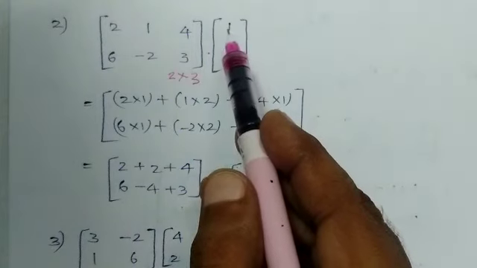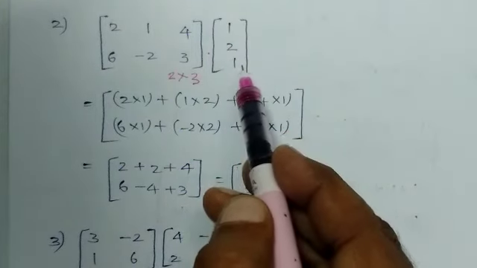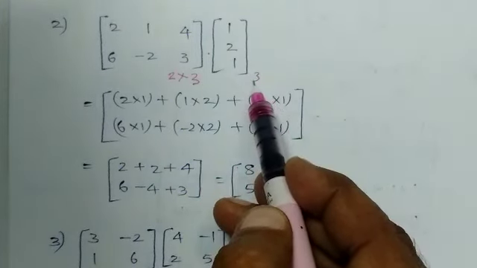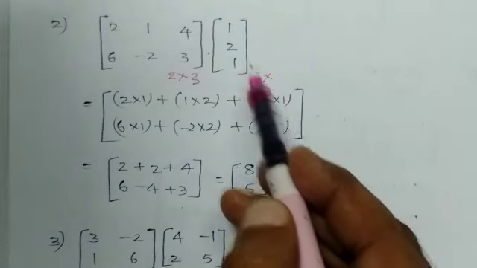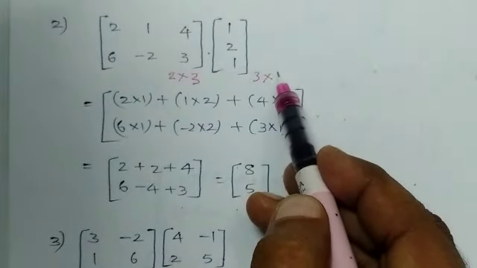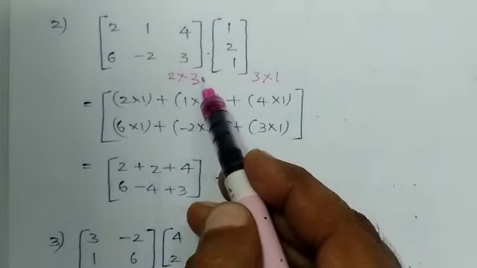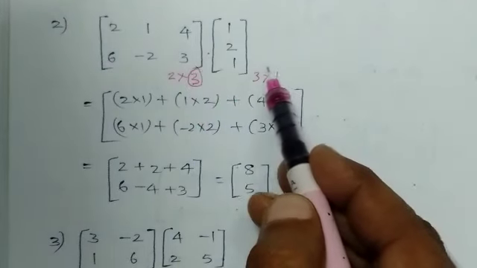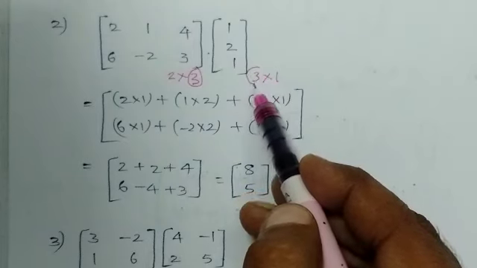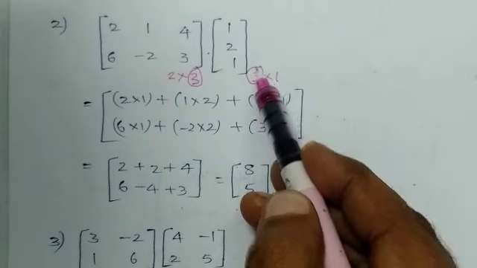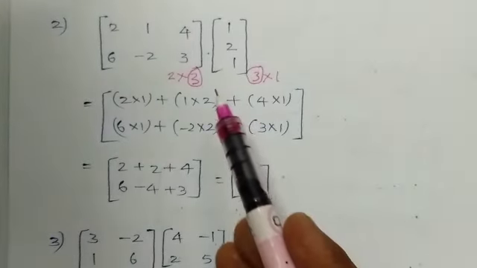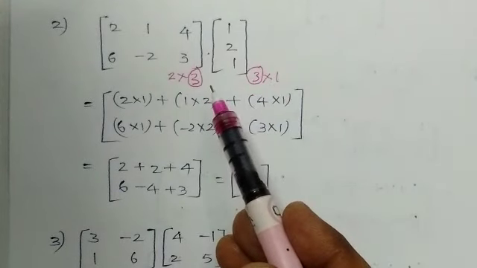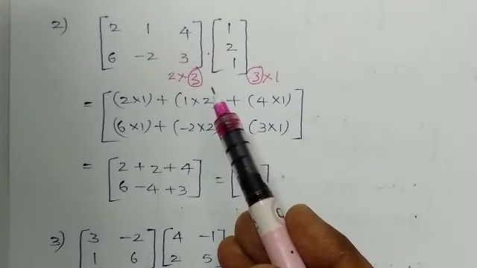In the second matrix, 3 rows and 1 column. These two are equal. Number of columns in first matrix is same as number of rows in the second matrix. Since these two are equal, multiplication is possible.